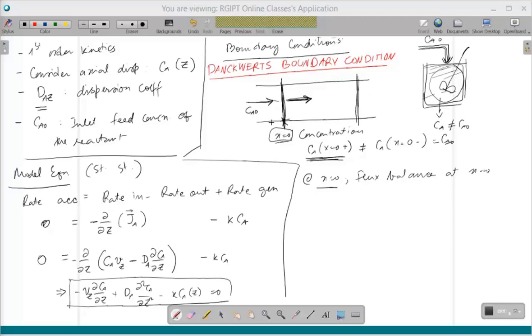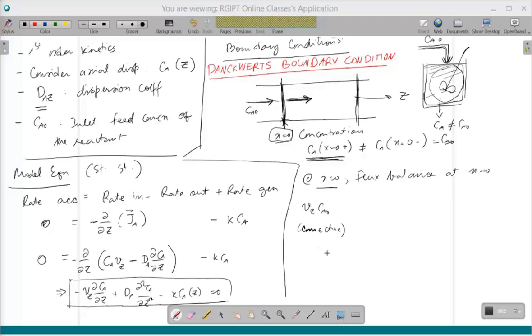So flux in would be Vz into Ca0. That's completely convective flux, only convective. There is no concentration gradient before this. We're assuming that the feed has a homogeneous concentration along the z direction.